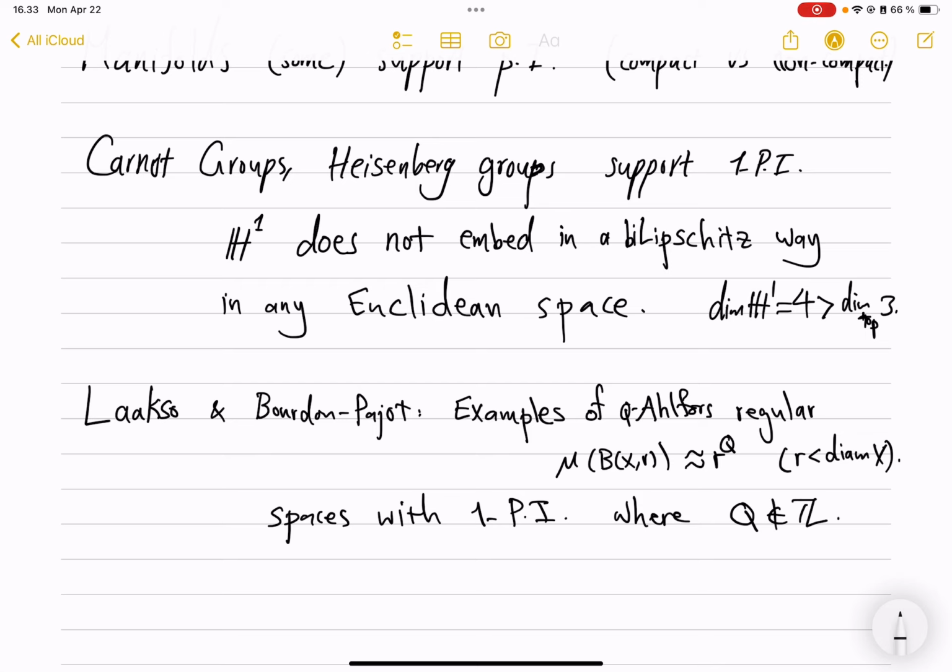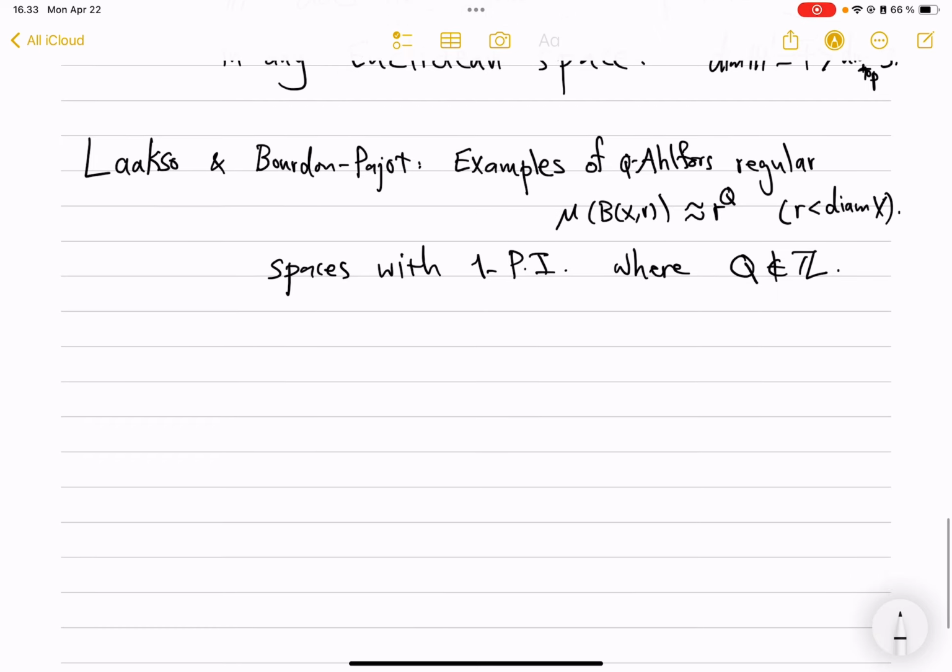So being Ahlfors regular with one Poincare is very strong on a space. We have a lot of potential theory on them, and moreover we have what is called Cheeger differentiability theory, which is quite surprising because it almost tells you that such metric spaces have linear structure like Euclidean spaces, which allows differentiability, like Rademacher differentiability of Lipschitz functions, for instance.